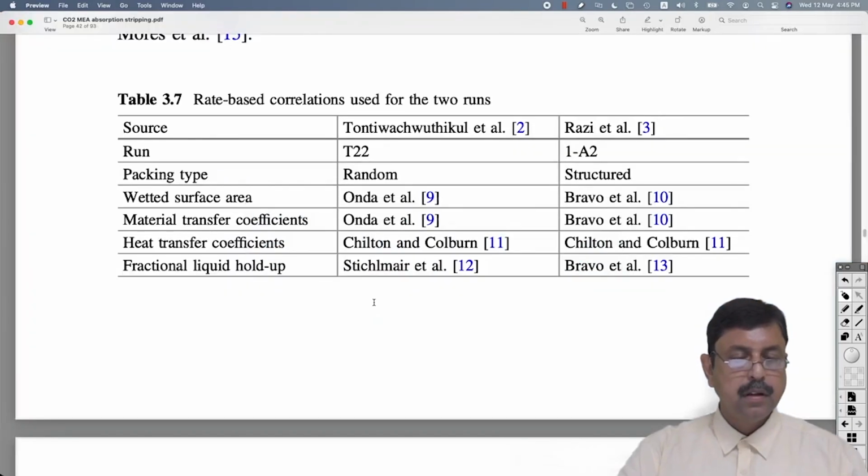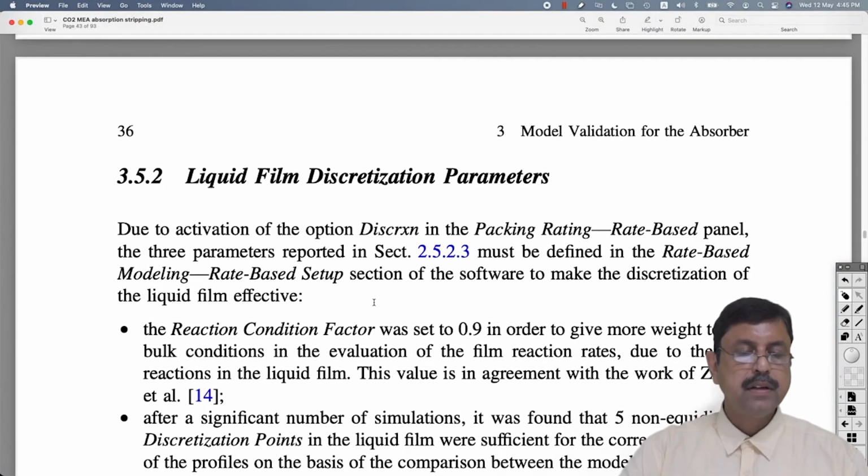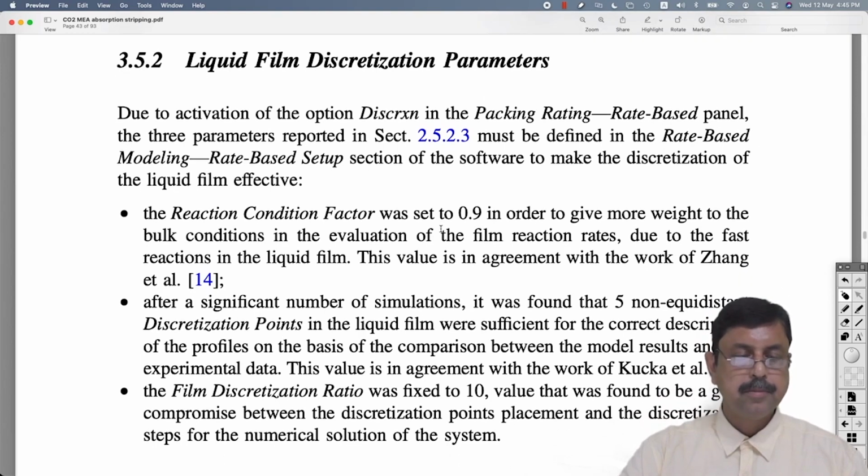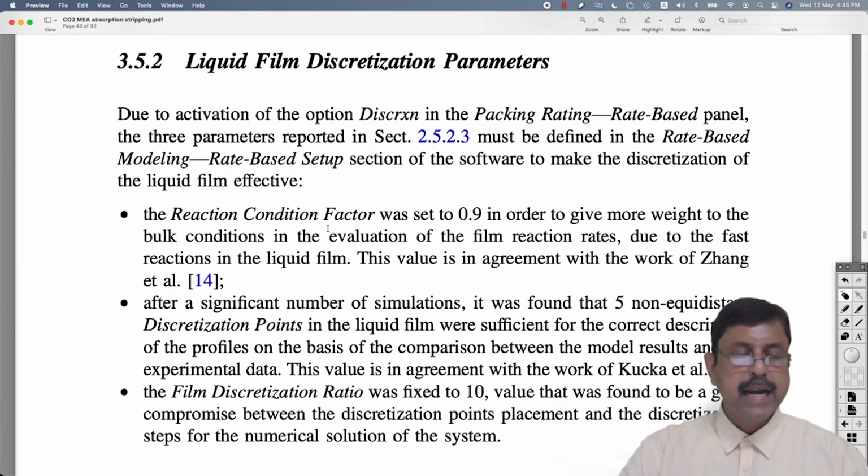And some further information is given. Liquid film discretization parameter. So a reaction condition factor was set to 0.9 in order to give more weight to the bulk condition in the evaluation of film reaction rate due to the fast reactions in the liquid film.